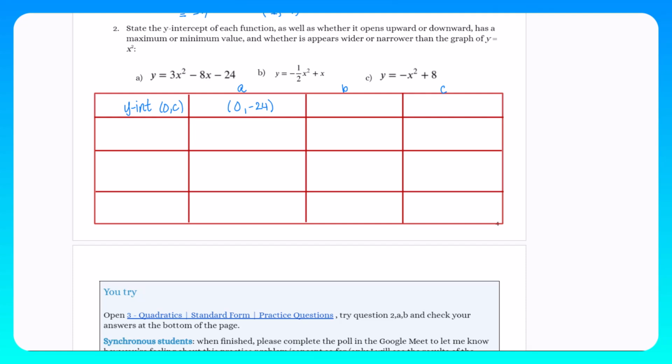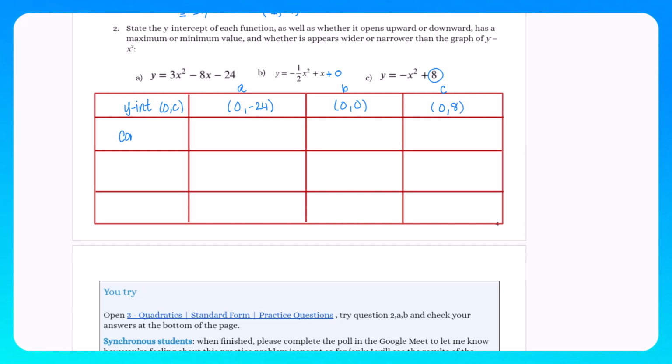We don't have this constant term tucked in on the end. What that means is actually we've added 0. So for the y-intercept of b, it's going to be 0 and 0. Now for c, the constant term is 8, so it's 0 and 8.